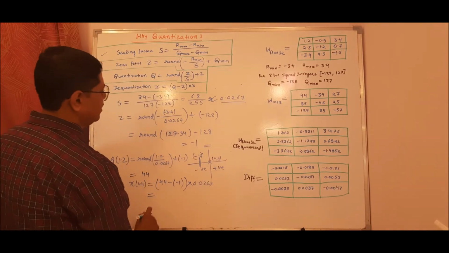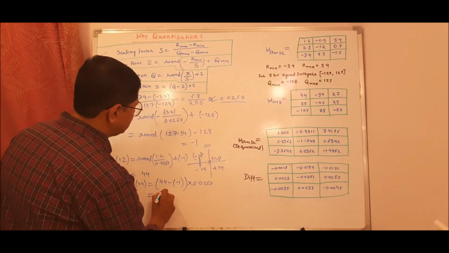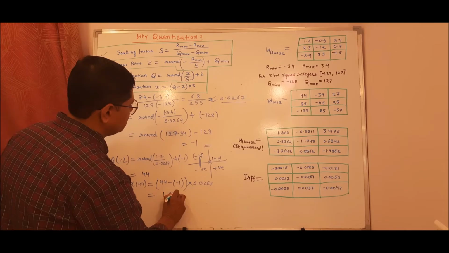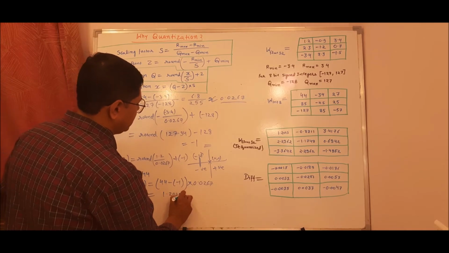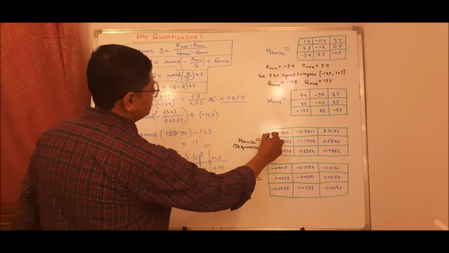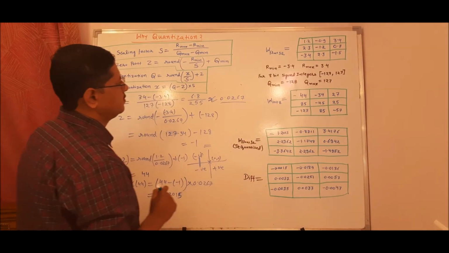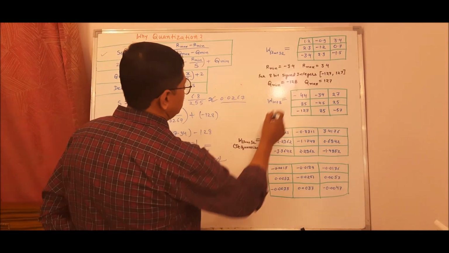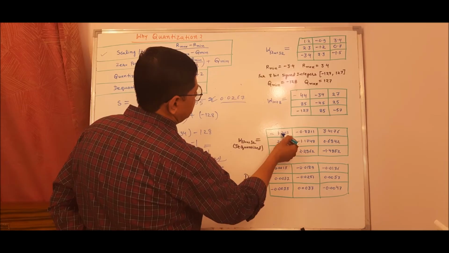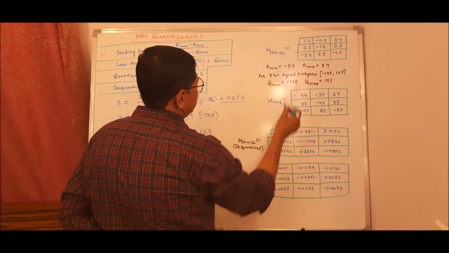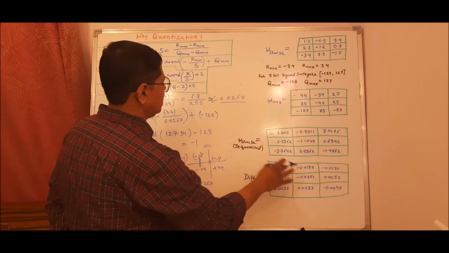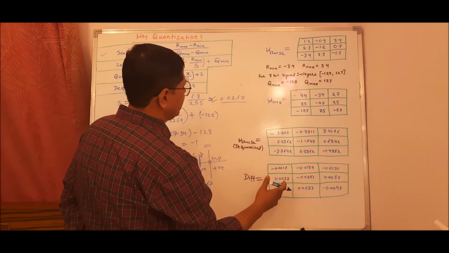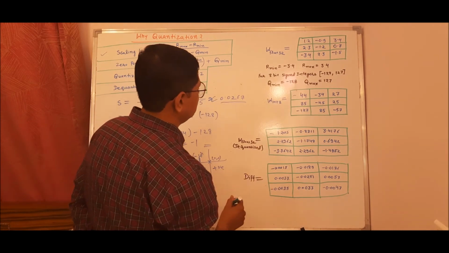If you solve it, you will find that it is something around 1.2015. So this is the dequantized value, and this is the quantized value. You will find that the dequantized value is very near to the actual value, so it will not significantly affect the quality of the result.